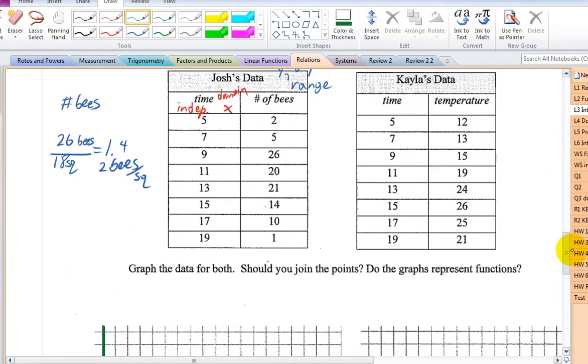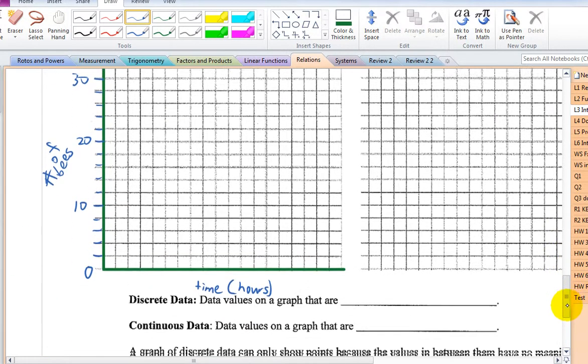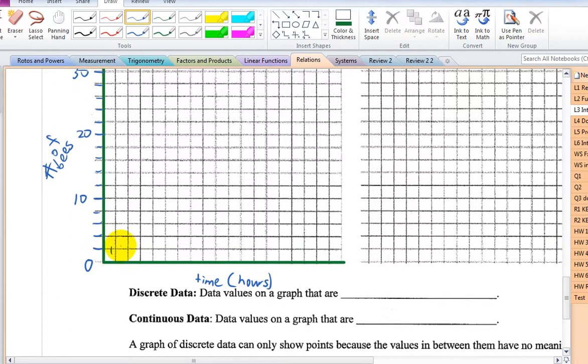Then for time, it starts from 5 to 19. So our domain, 19 minus 5, means we did this over how many hours? We have 14 hours. So how many squares do we have? 1, 2, 3, 4, 5, 6, 7, 8, 9, 10, 11, 12, 13, 14, 15, 16, 17, 18, 19.